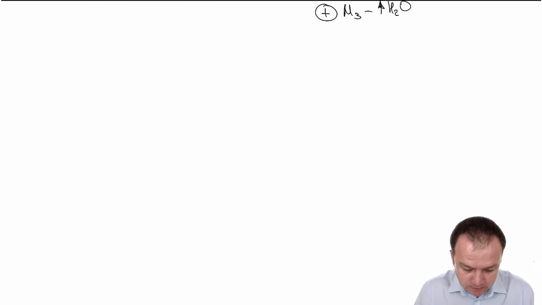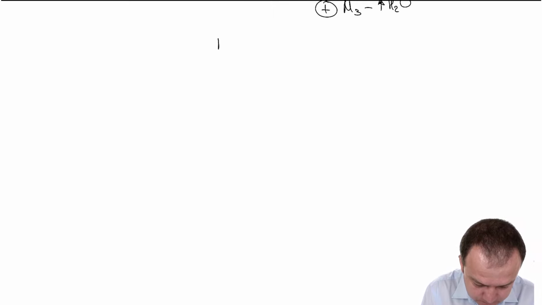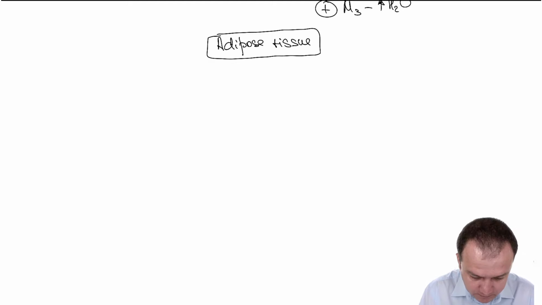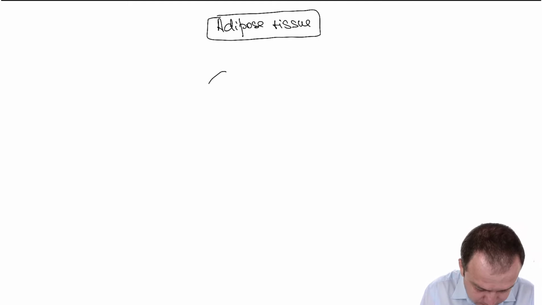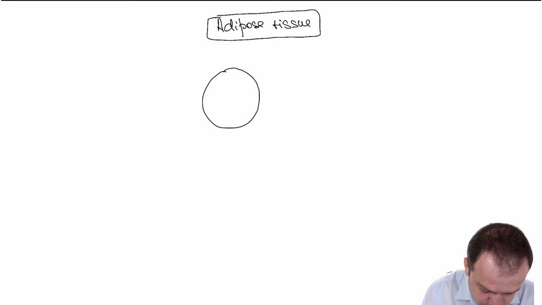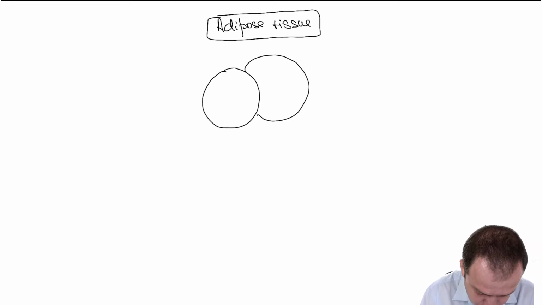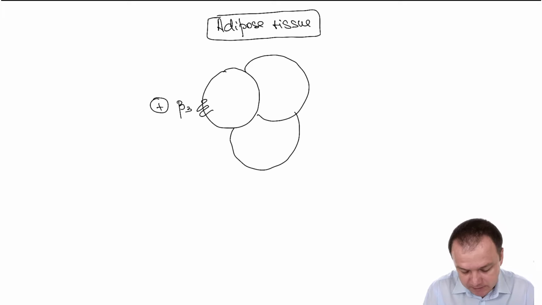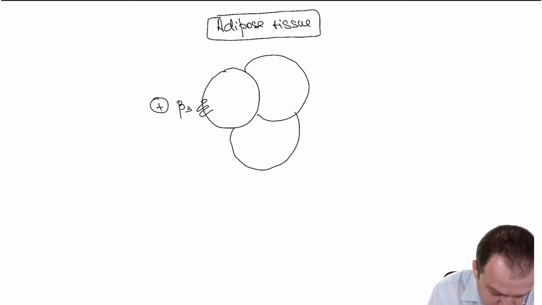A few words about adipose tissue. Adipose tissue, and let's draw adipocytes here. We have beta-3 adrenergic receptors, and these beta-3 adrenergic receptors are responsible for lipolysis.